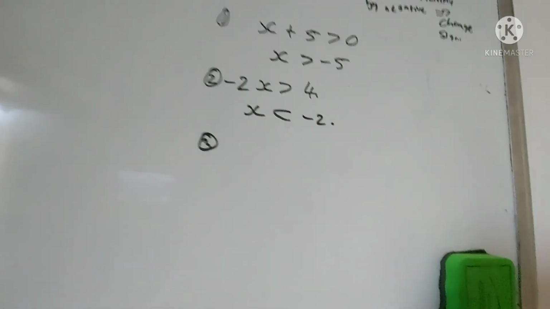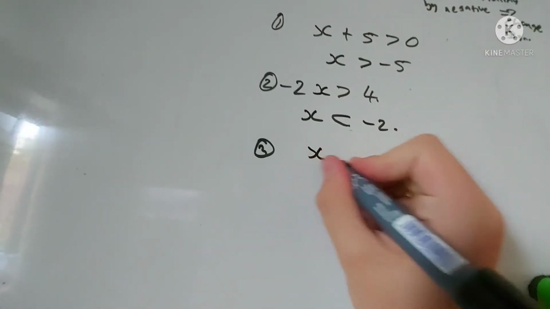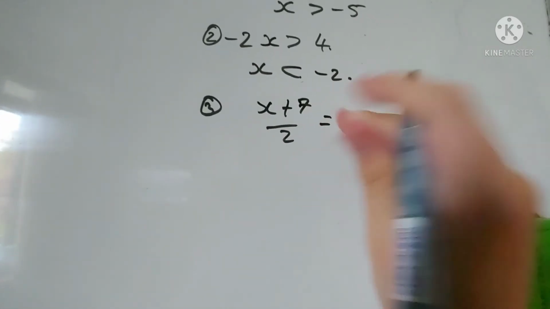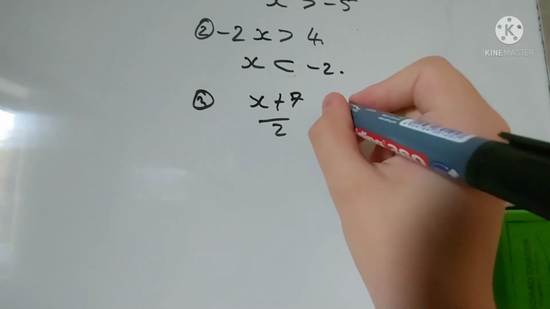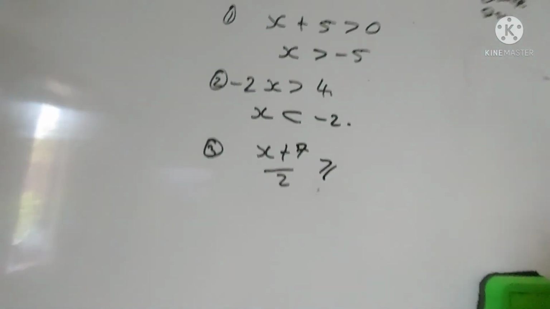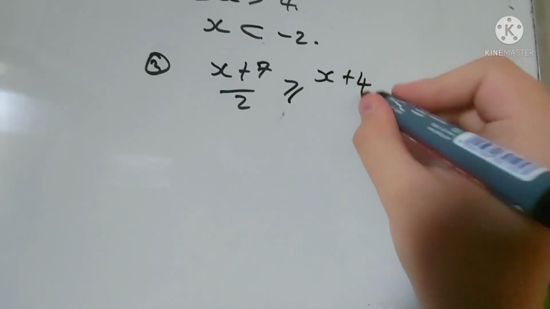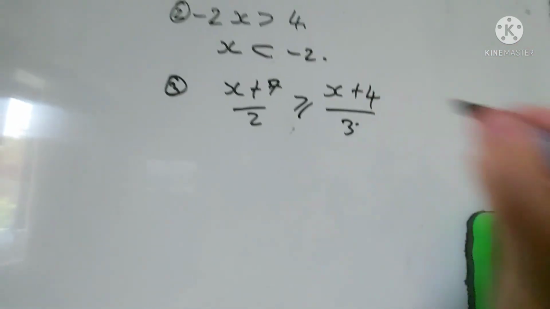Okay, so something that can get more complicated with linears is if I had x plus 7 over 2 is greater than or equal to x plus 4 over 3.